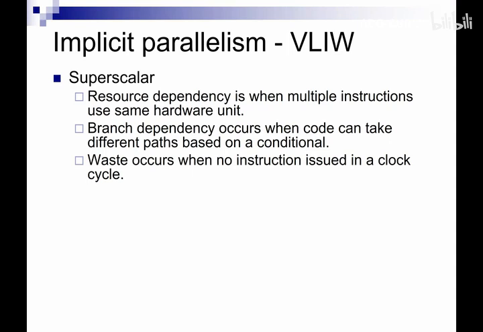So if we want to do, let's say, 4 different additions and we only have 2 different adders, then we have a resource dependency. And a branch dependency is when you have code that can take different paths depending on a conditional statement, like if x is larger than 0, you do one thing; if x is less than 0, you do something else. And then waste is going to occur when you have no instruction to execute in a clock cycle.